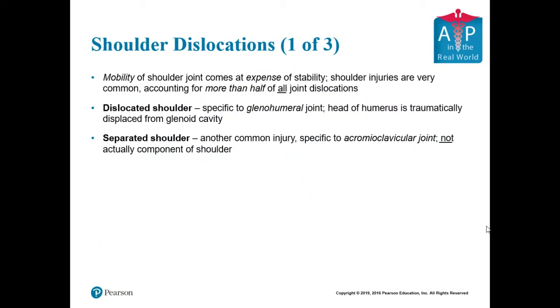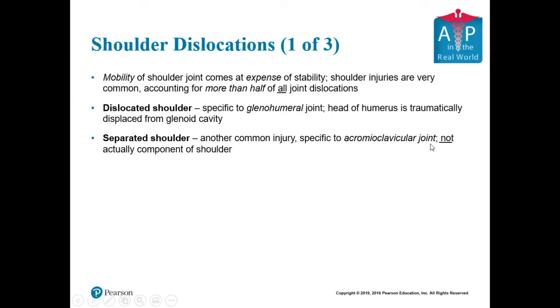So shoulder dislocations or shoulder separations, right? Dislocation of the shoulder is basically specific to the glenohumeral joint. Again, the glenoid cavity of the scapula and the humerus is the dislocation, right? The shoulder. Separation occurs at the acromioclavicular joint, right?